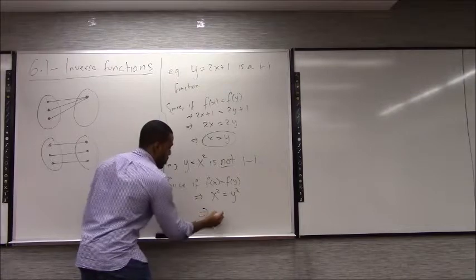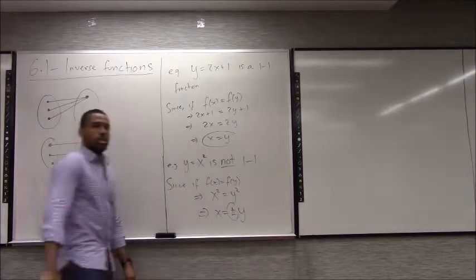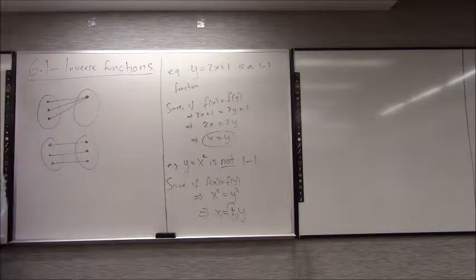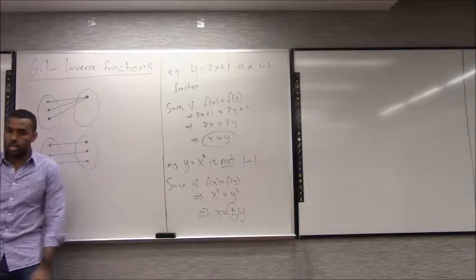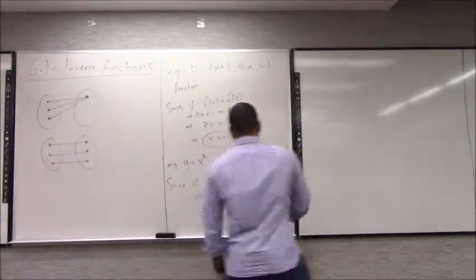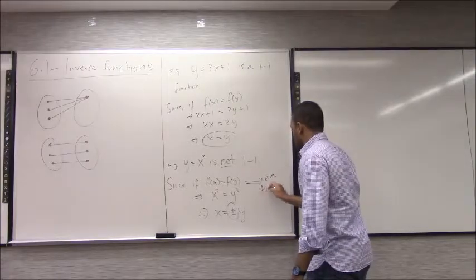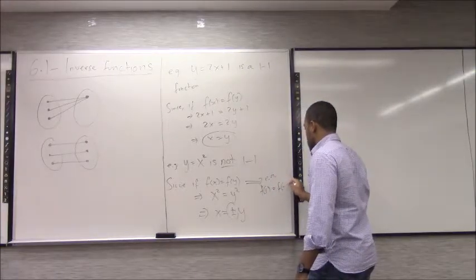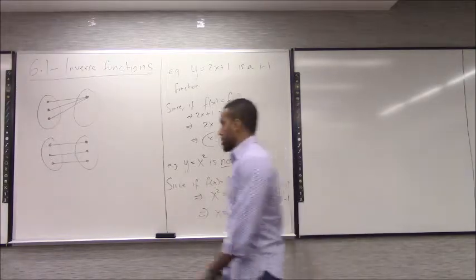But then when you take the square root of both sides, you get plus or minus y, and that's a problem. Right? It's possible to have the same outputs coming from different inputs, in particular when one is the negative of the other. So you can imagine, for example, that f of 1 is the same as f of minus 1, but clearly 1 is not the same as minus 1. Right?